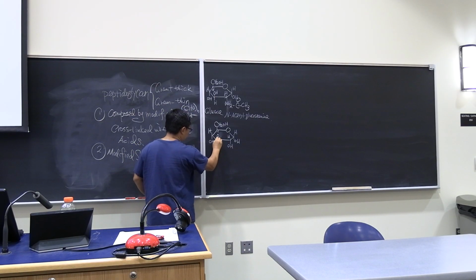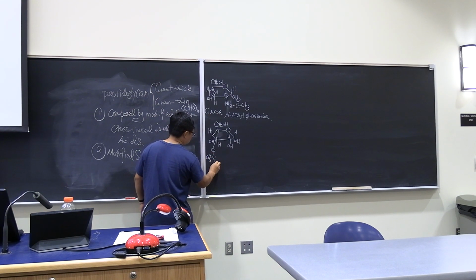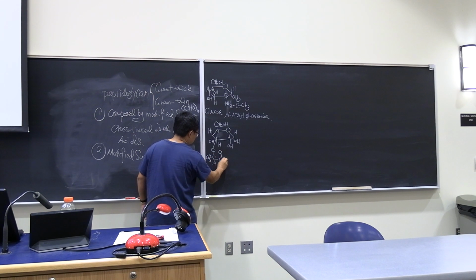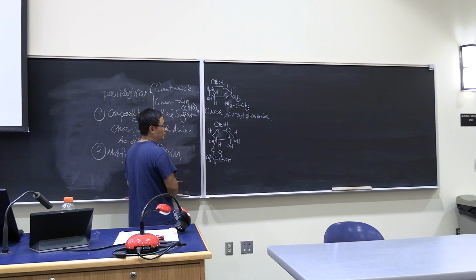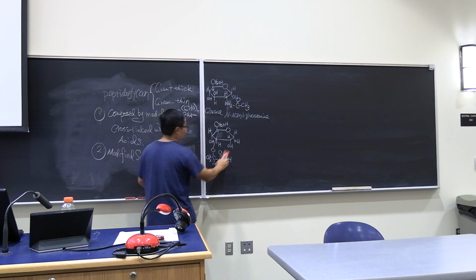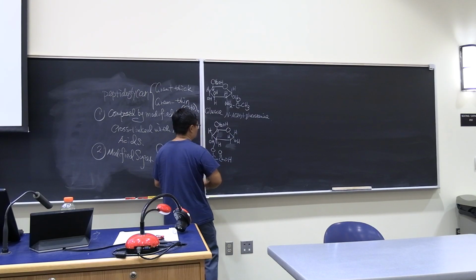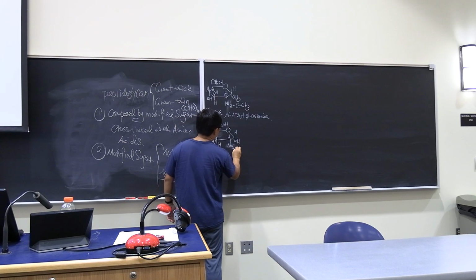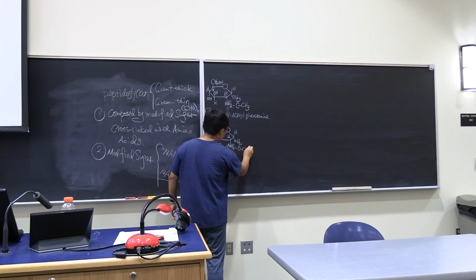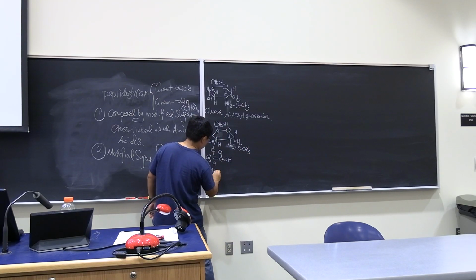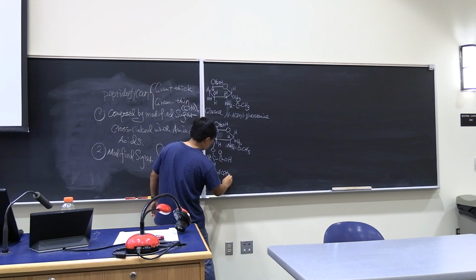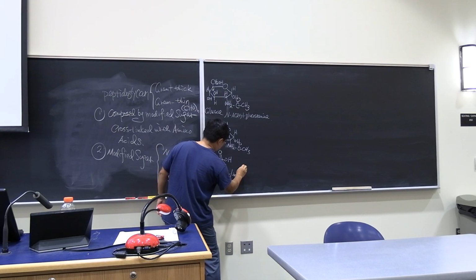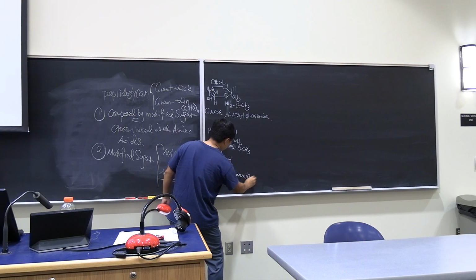This comes down, goes here, then you add CH3, H. That's muramic acid. A lot of the time, this is also with this again. Muramic acid.